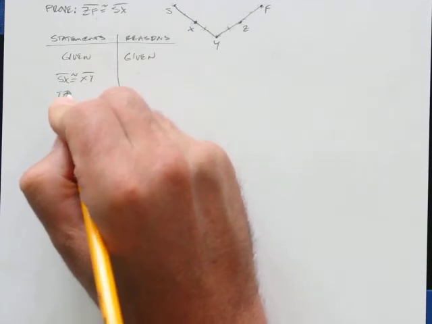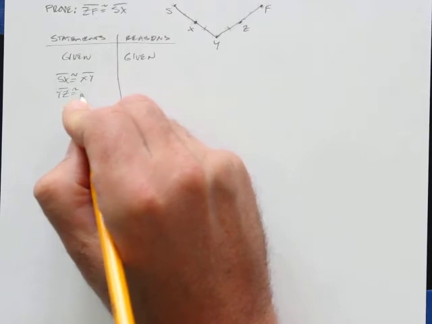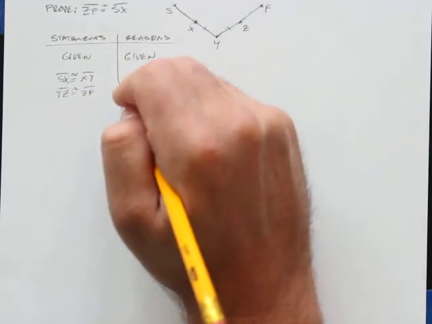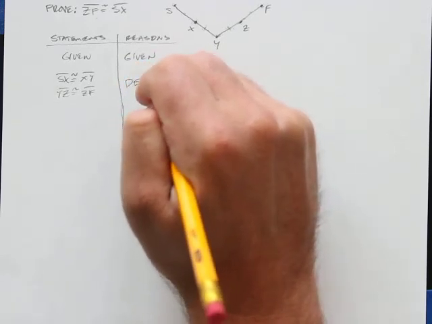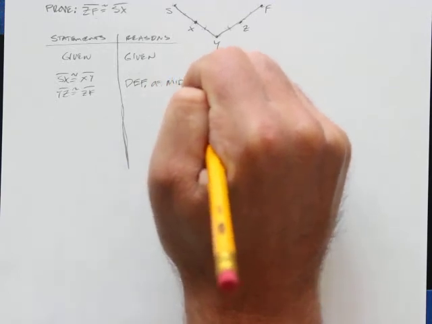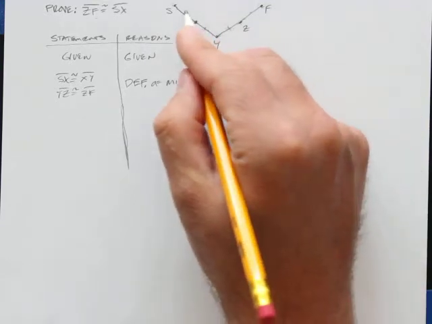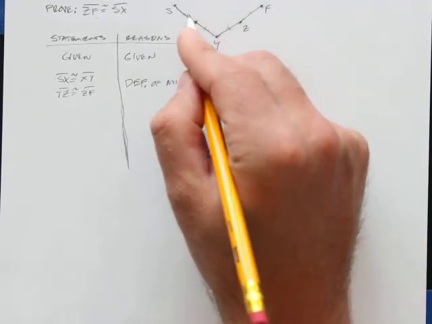I say them both at the same time because it's by the same definition, the definition of the midpoint. The definition of midpoint is that the midpoint cuts the segment in half, and so it leaves two equal segments, one on each side.